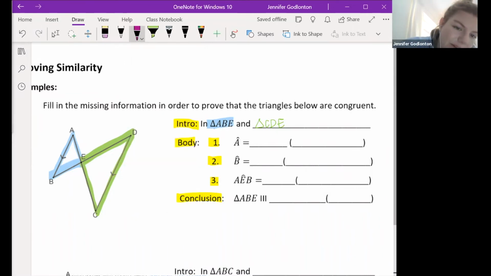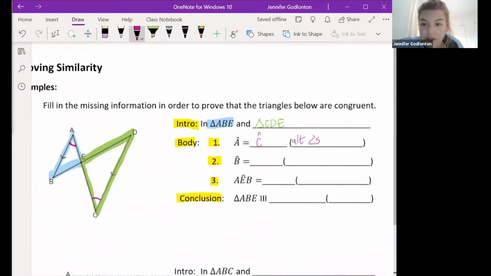Here is angle A. What is angle A equal to? Have a look. Which angle in our green triangle is angle A equal to? And what would our reason for that be? Good.